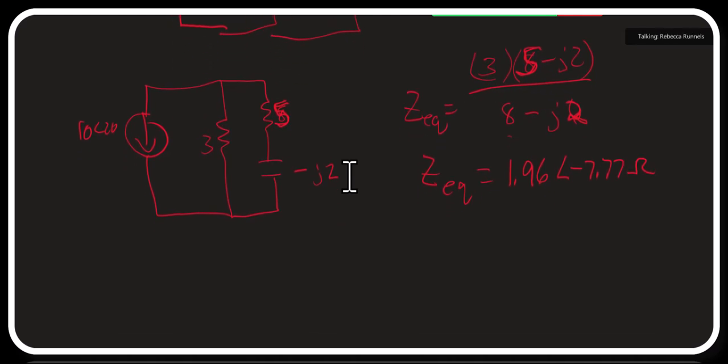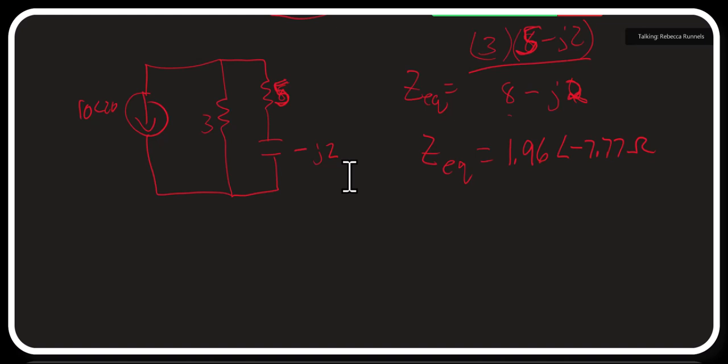Then, once we had that, we found the voltage just using Ohm's law, so V equals IZ. So V equals 10 angle 20 times 1.96 angle negative 7.77, and that gets us 19.6 angle 12.23 as our voltage.